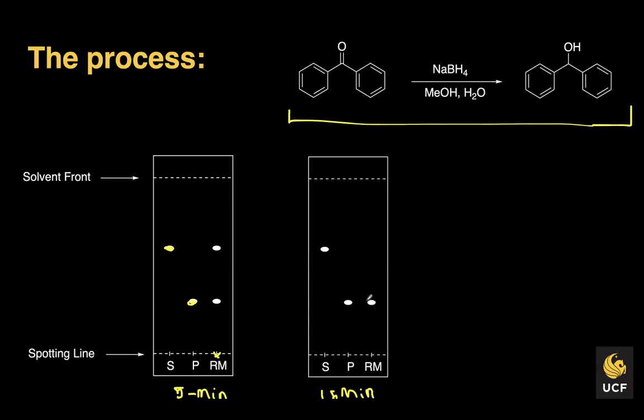And then what you see is only a single spot that has the same RF value as the product. So that tells you that all of the reactants that you started out with have been converted into product, because when you spotted it, the only spot that you see is that of the product, right?